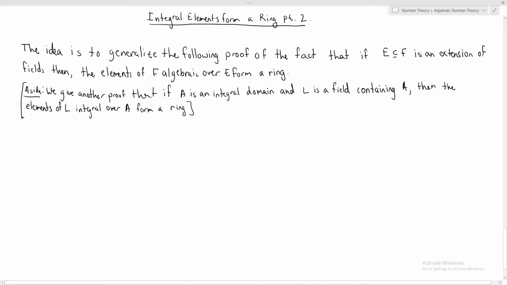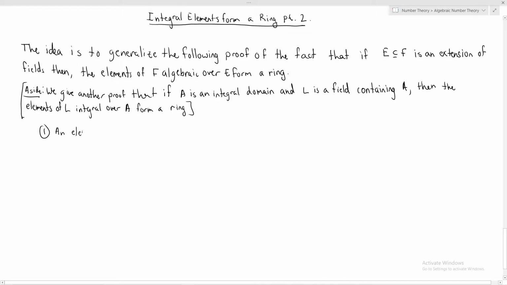and essentially the new proof that we're going to give follows the structure of the proof of this fact here. So the proof of this fact, there are two useful sub-facts that make up this big fact. To prove this we need: 1.